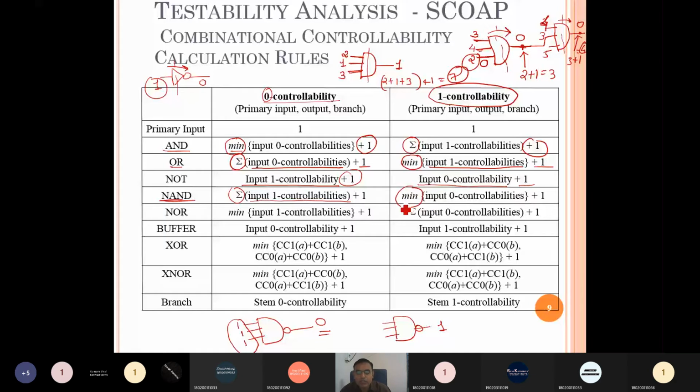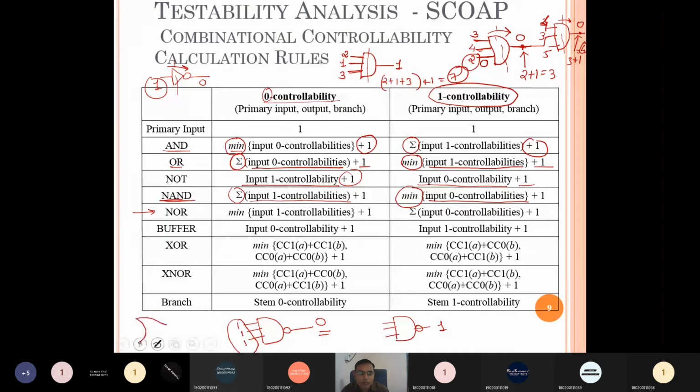That's why it is the minimum of the input 0 controllabilities. So when calculating the 1 controllability of the NAND gate, we take the minimum of the input 0 controllabilities plus 1, right?